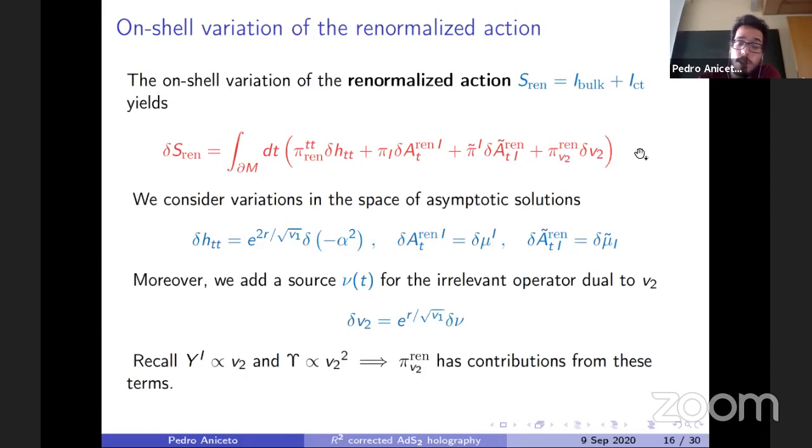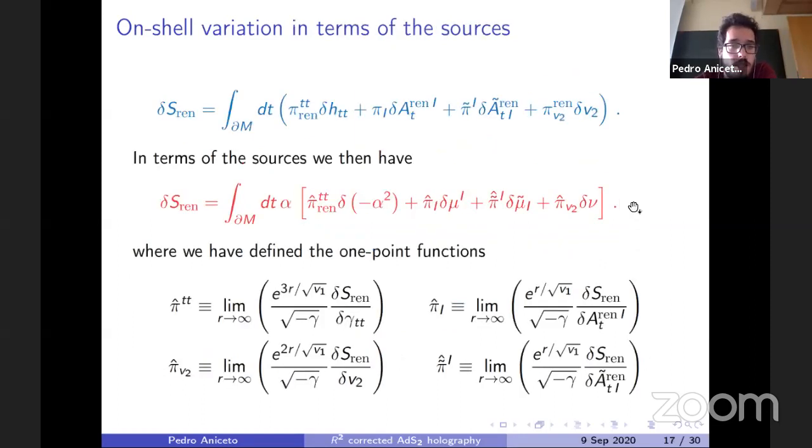So substituting in this expression the variations, we end up obtaining the variation of the renormalized action in terms of the sources, and this allows us to define the one-point functions of the dual operators to the sources minus alpha square, mu I, tilde mu I, and nu.